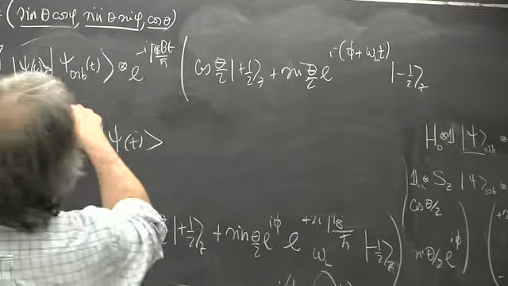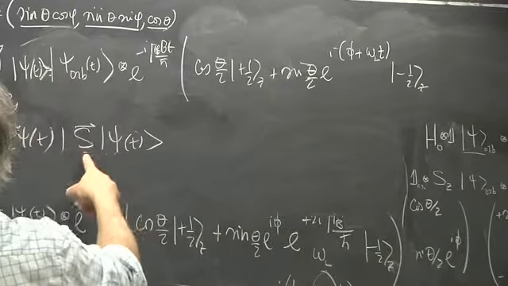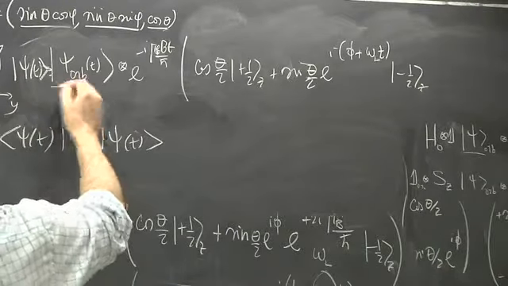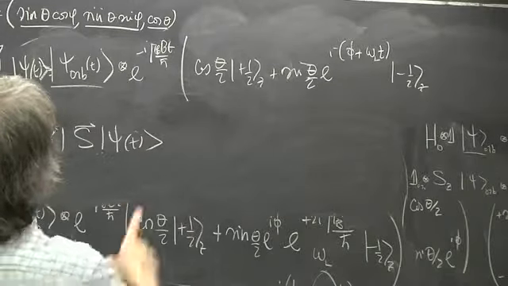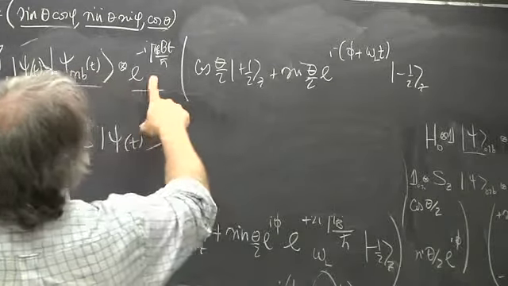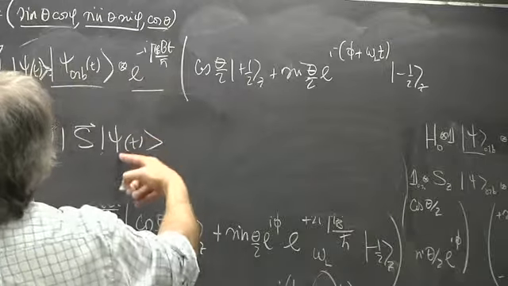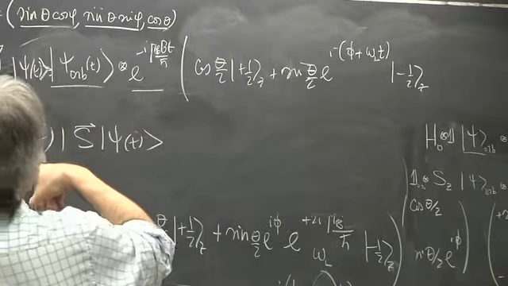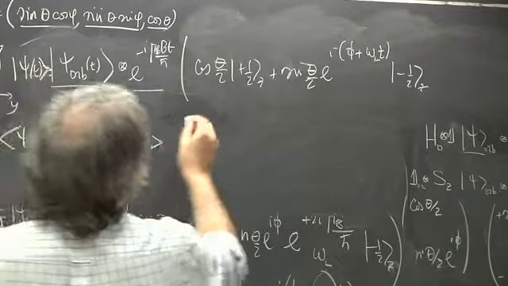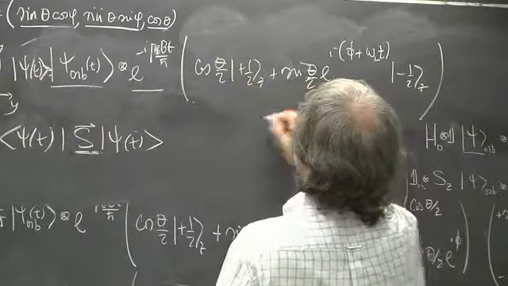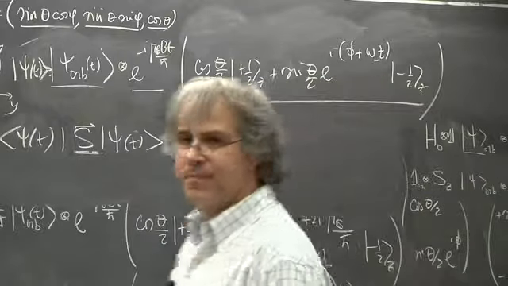Now you see the spin doesn't look at the orbit, therefore this part is totally irrelevant, whatever it is. This phase also is not relevant because it cancels between here and there. So all I have to do is to calculate the expectation value of the spin on the following spin state.